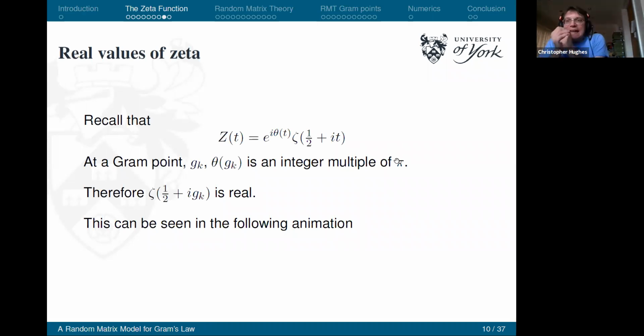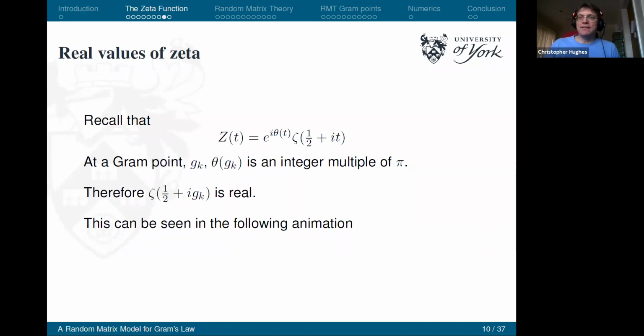So it's pi times an integer at a Gram point. Now, e to the i pi times an integer is plus or minus 1.